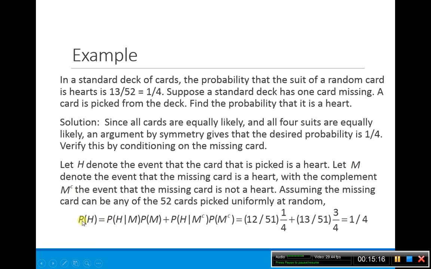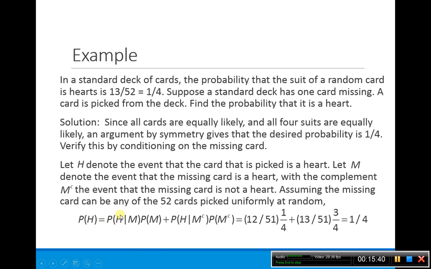So we can write the probability of hearts as the probability of a heart given that the missing card was a heart, times the probability that the missing card was a heart, plus the probability of a heart given that the missing card is not a heart, times the probability that the missing card is not a heart.